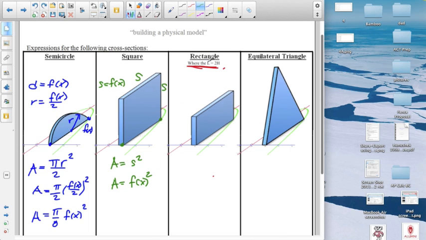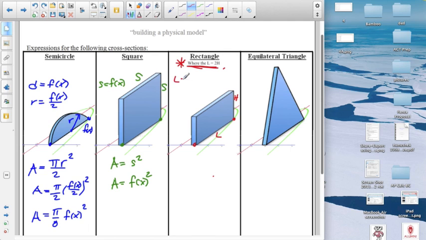squares. If you're going to deal with cross-sections that are rectangles, you're going to need a specific proportion for that rectangle so you can get everything in terms of one variable. So if we have a height here, h, and we have a length here, L, we notice that that length relationship is actually the value of the function.